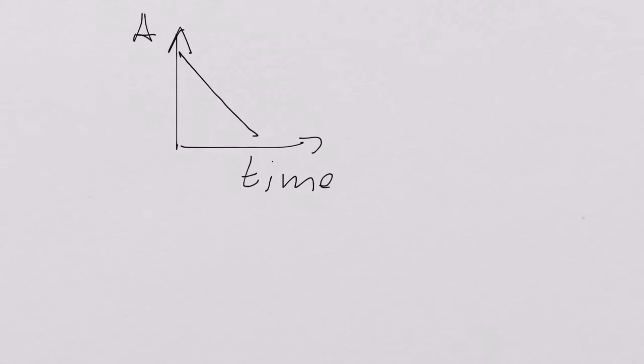Loud? It's a zero order. Why? Because it's a straight line. Yeah? We said for a zero order, if I plot a zero order A versus time, then I will get a straight line. Turned on its head, when I get a straight line, it must be a zero order in this case.